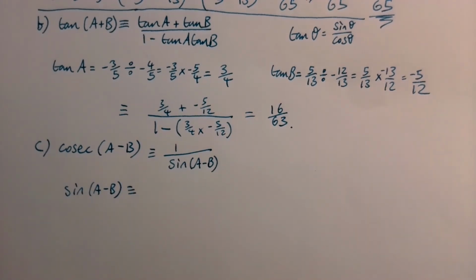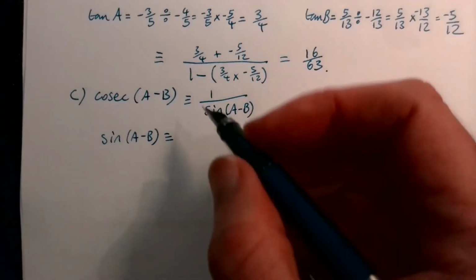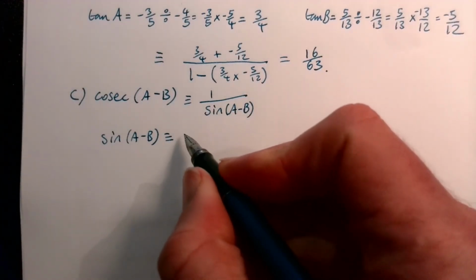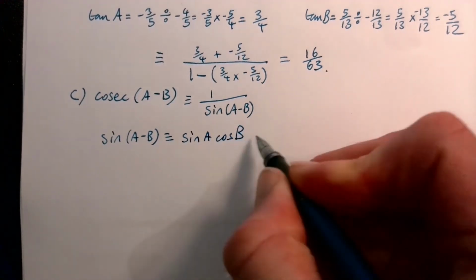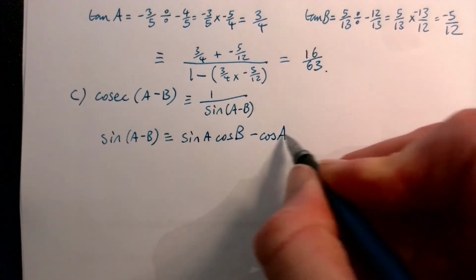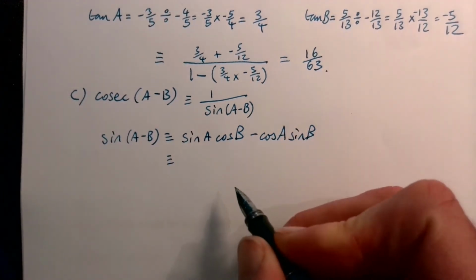So pause the video and have a go. And always start by writing it out, just to make doubly sure you've got everything right. So it's sine A cos B, and we're taking cos A sine B.